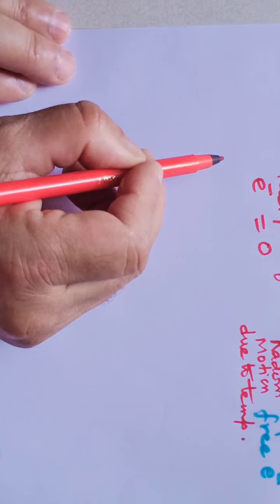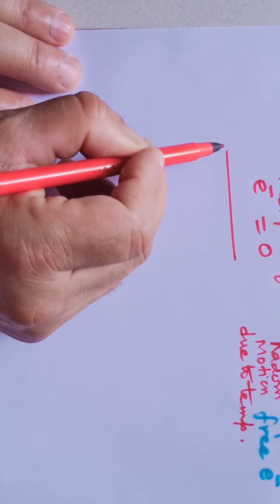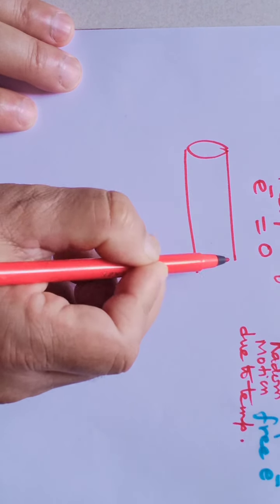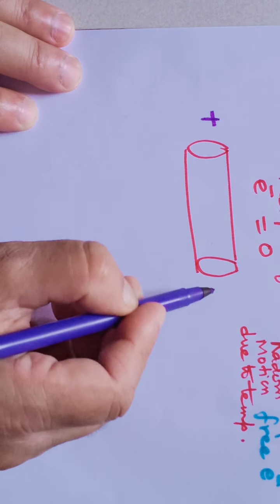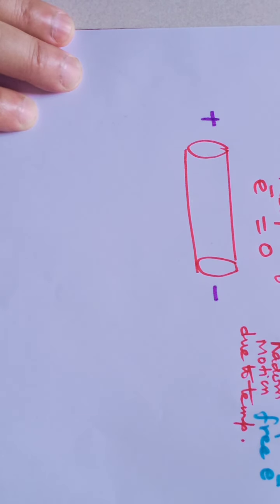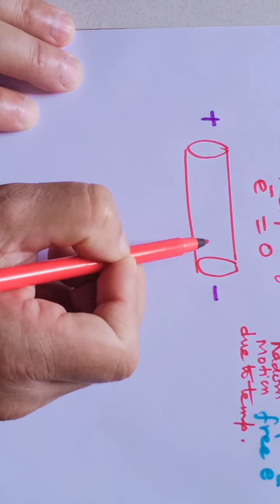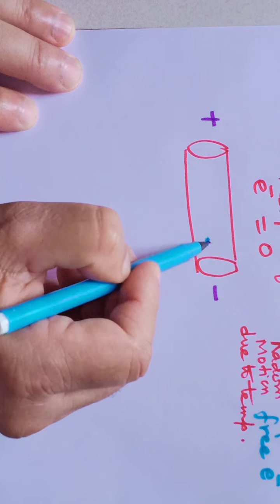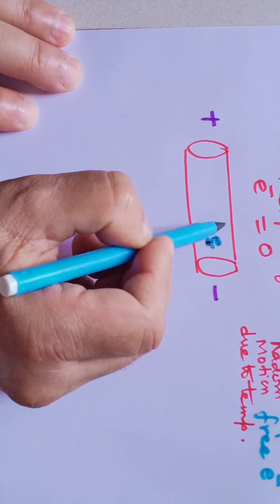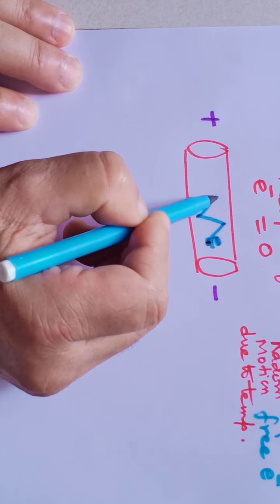But when potential difference is applied, suppose this is a conductor, potential difference plus here, minus here, it is applied, then what happens? These electrons move in a certain direction.